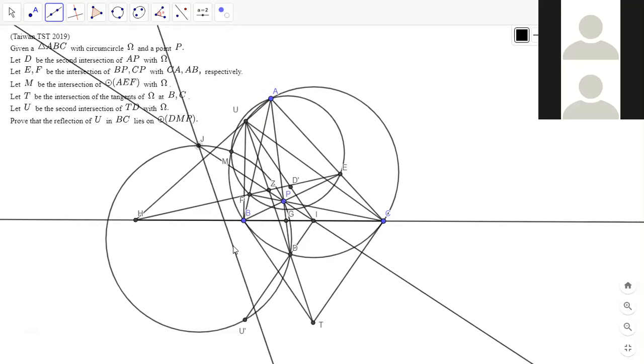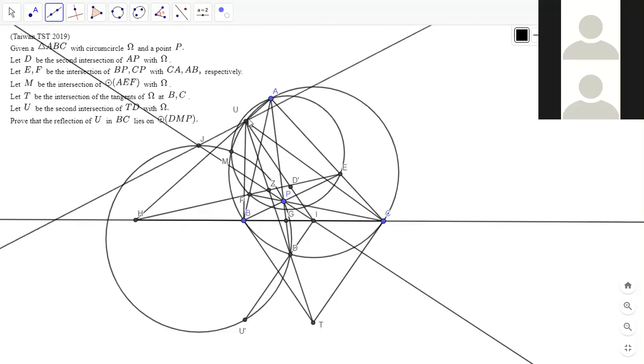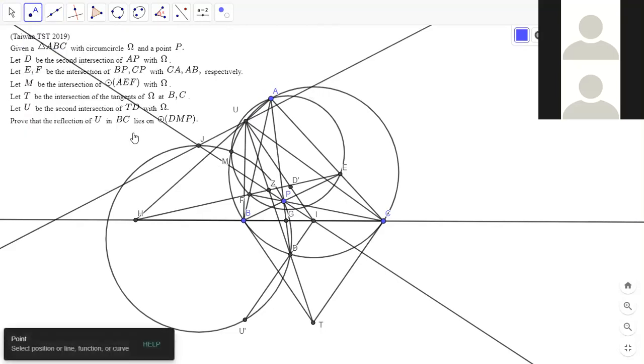Can you draw JU? Yeah. Is the intersection special? So maybe this is the midpoint.